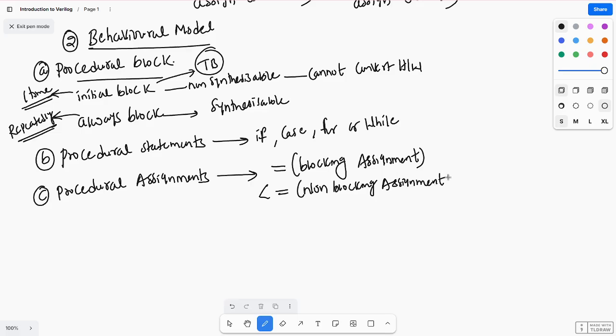Suppose, for example, a toll gate is there. In the toll gate, what happens? Have you seen the toll gate? First suppose there is a tag.